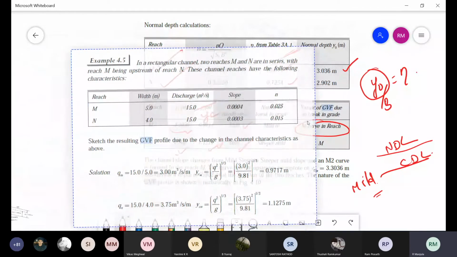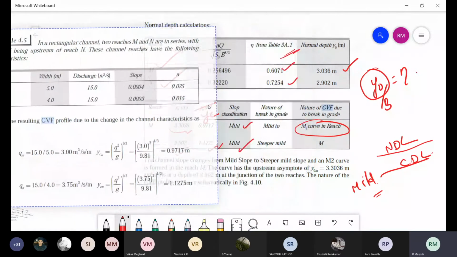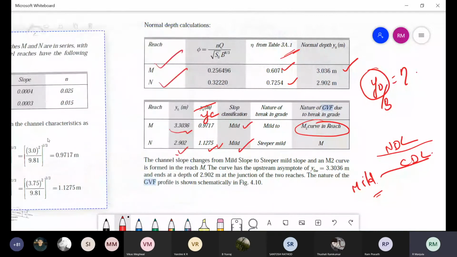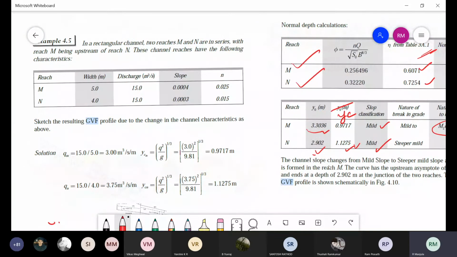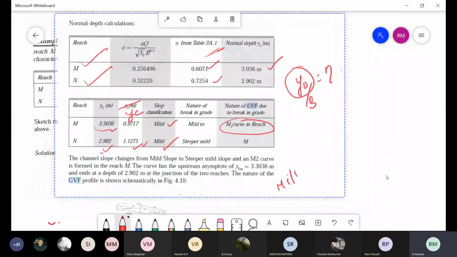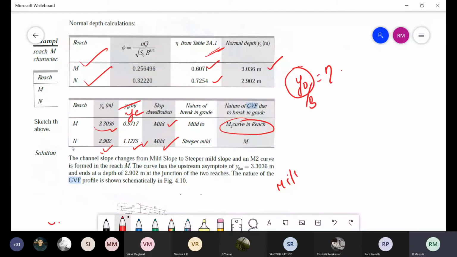You can see 3.03 meter is well above the critical depth line and normal depth line, so this is an M2 curve. When you end up in channel reach N, you have 2.902 at the junction. You can see the profile.